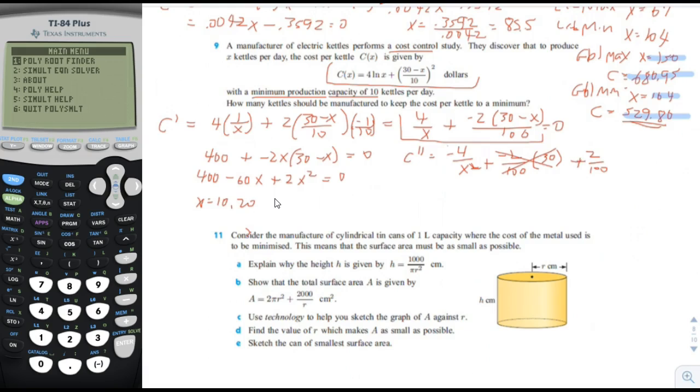Okay. So let's see, when is the inflection point for this one? It's going to be 4 over x squared equals 2 over 100. And so it's going to be x squared equals 4 divided by 2 times 100.